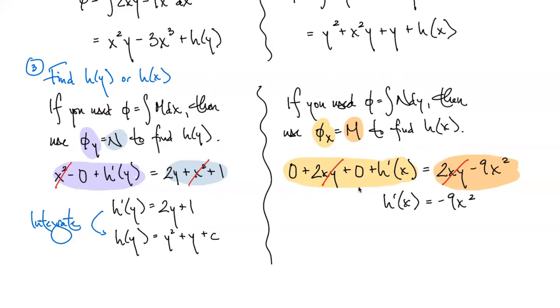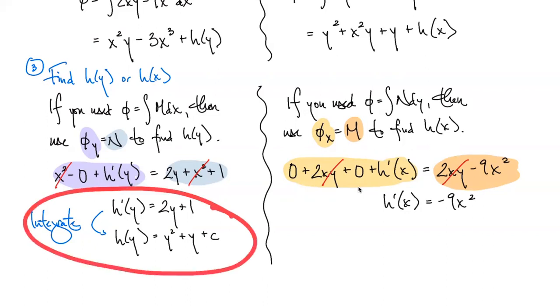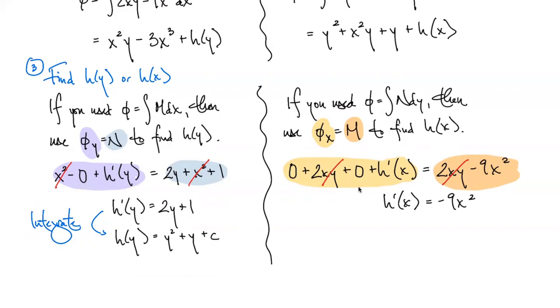Now, just like over here, where we had h prime of y and we had to integrate, now we have h prime of x, and to get h of x, we're going to need to integrate. And so we'll get h of x equals, let's see, negative 3x squared plus c. All right.